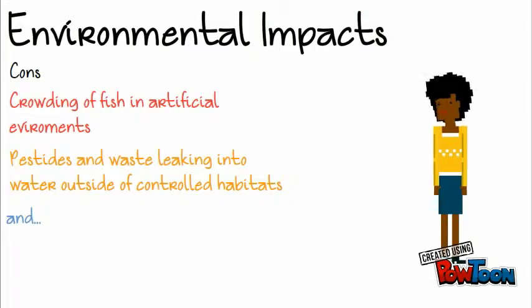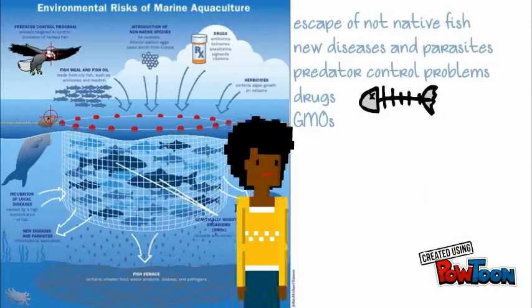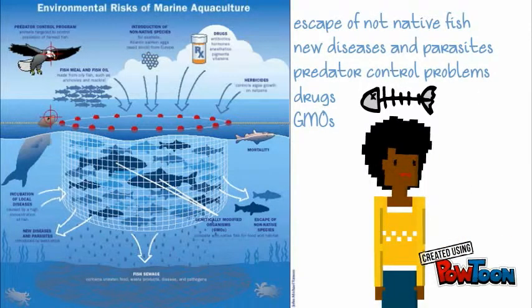Firstly, there is a crowding of fish in artificial environments. Pesticides and waste leaking into water outside of controlled habitats can pollute the water. And this list can continue on and on, infecting the environment in tons of negative ways.